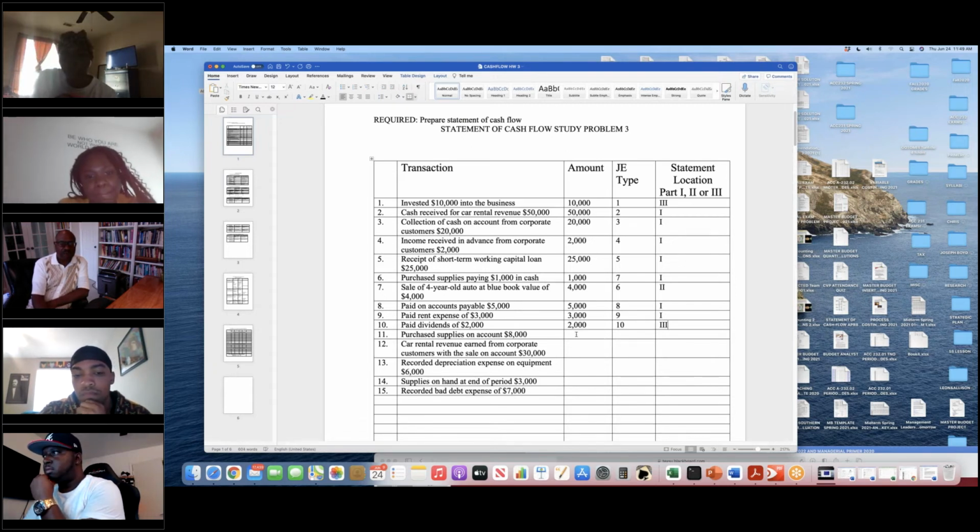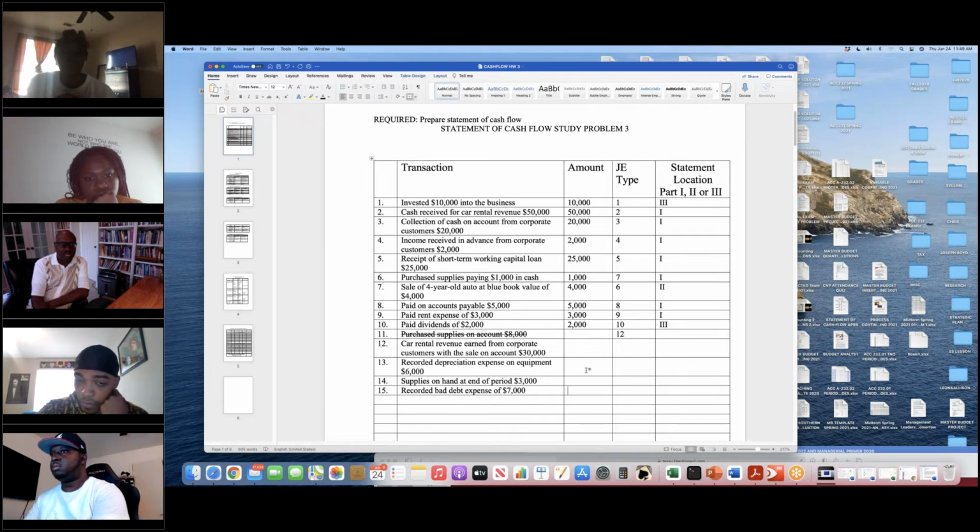Purchase supplies on account. Type 12. So we're gonna scratch that, right? Because we purchased it on account. Earned revenue from corporate customers. Type 15. And we're going to scratch it. Recorded depreciation. What type is that? 14.